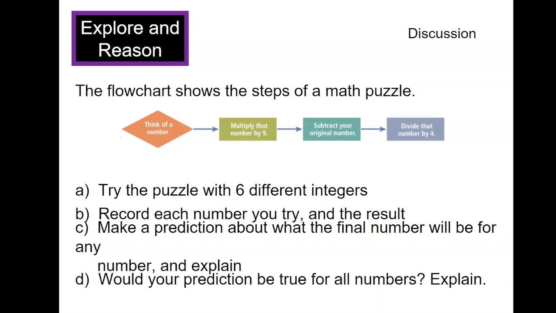This is a math puzzle. So try the puzzle with 6 different integers and record those in your workbook. Record each number you try and the result. Make a prediction about what the final number will be for any number and explain. And lastly, would your prediction be true for all numbers?